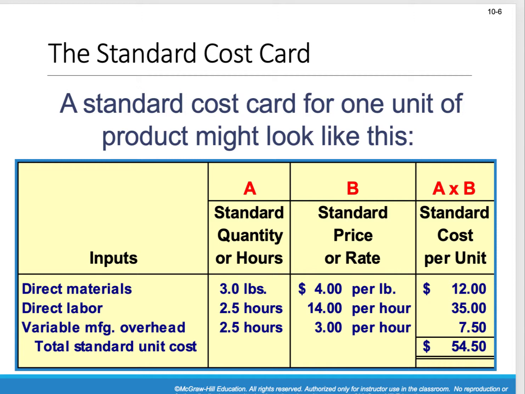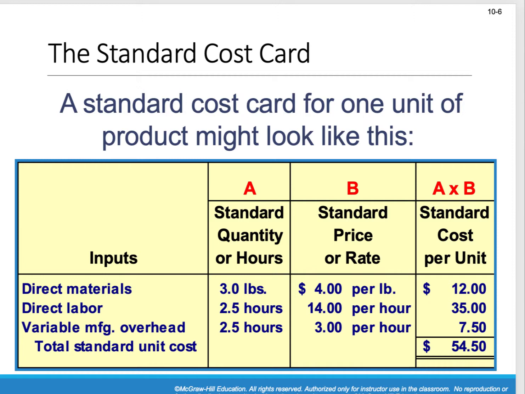We use 3 pounds of direct material. That's the standard. That's what the specs call for. In actuality, we might use more, we might use less, but the specifications say we should use 3 pounds, okay?